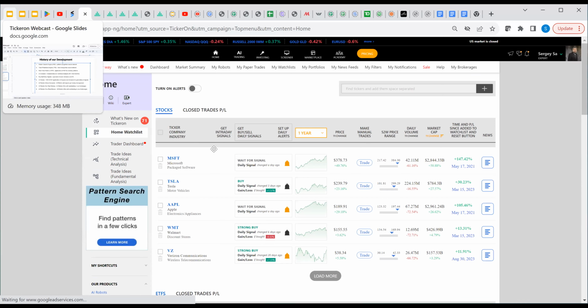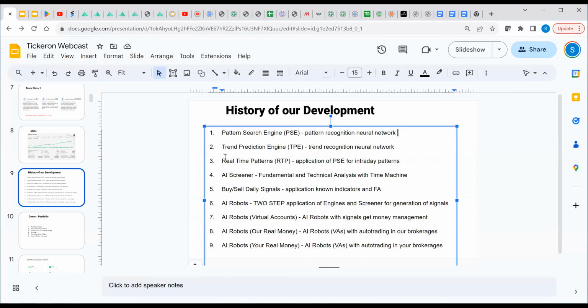But then people continue to ask us how to do it intraday, right? And then we developed a two-step approach. Two-step approach consists of the following. We use our screener based on a fundamental analysis and this data, and this all relates to the screener. And that's actually quite sophisticated thing together with the time machine, where we do the back testing of our filters.